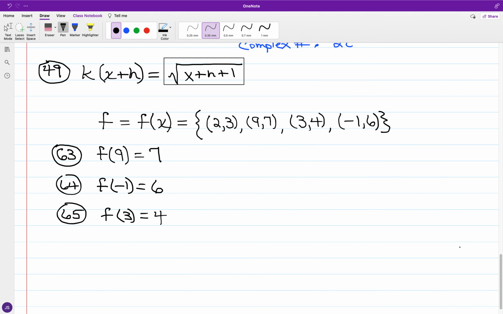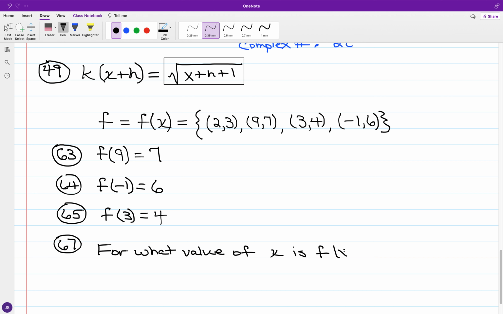Now, just throw these two questions in, and this is sort of setting things in reverse, so to speak. Let's say you're posed the question: for what value of x is f of x equal to 6?